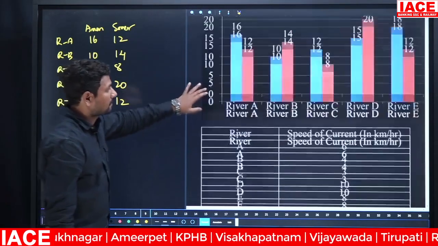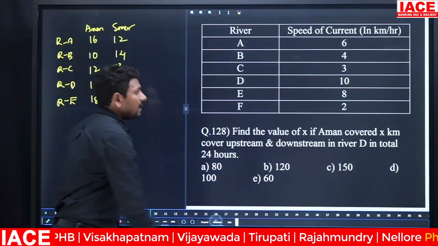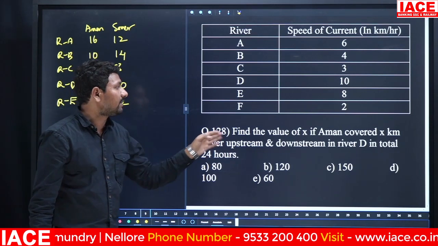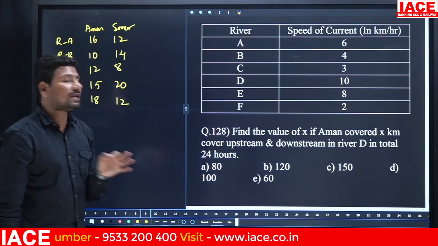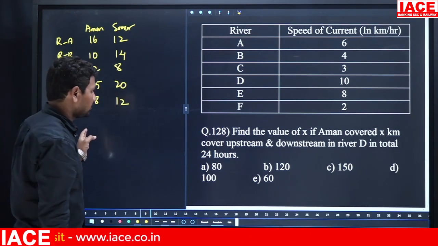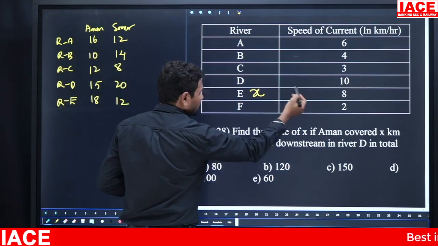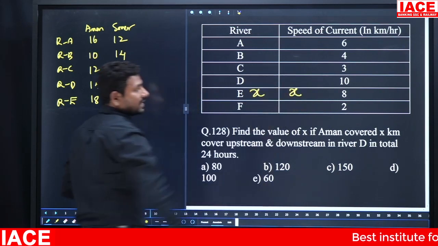Next, find the value of x if Aman covers x kilometers upstream and downstream in river D in total 24 hours. The upstream distance is x kilometers and the downstream distance is also x kilometers.